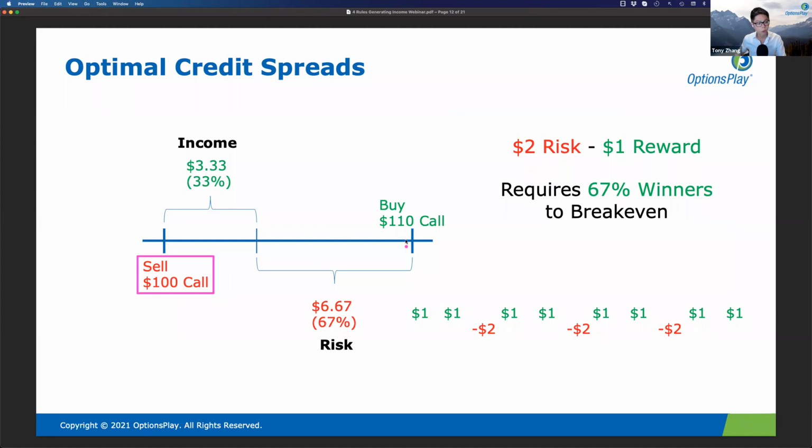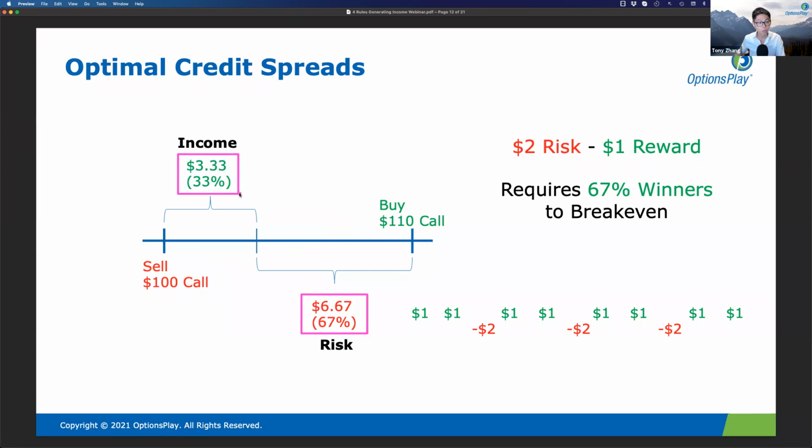So if I'm selling a $100 call option and I'm buying a $110 call option, the distance between these two strikes, which is $10, dictates the total amount that's at play. So what you're trying to do as an option seller in a credit spread is to collect as much income as possible, because whatever you collect in income, the rest of it will be your risk.